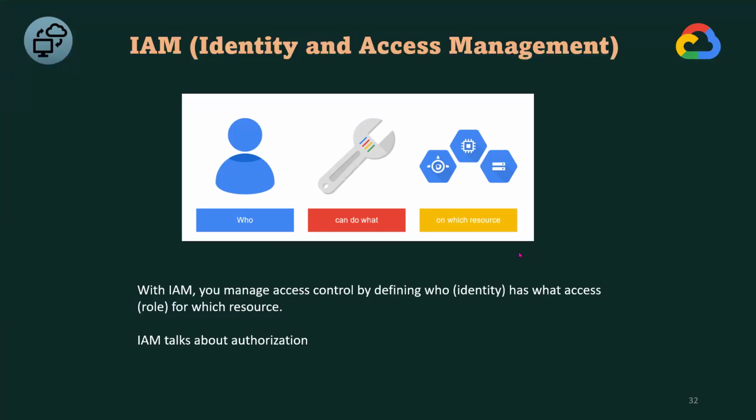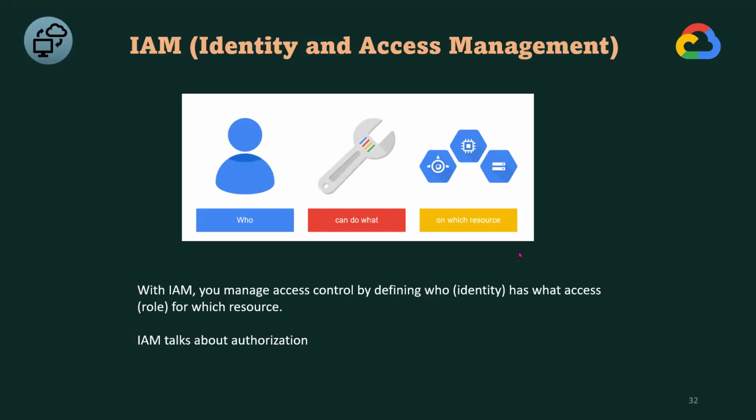If you go to AWS, you will have IAM. IAM is nothing but identity and access management. The name itself says that here we are going to talk about identities and access, and manage everything here. So with IAM, we can manage access control by defining who has what type of access for which resource.